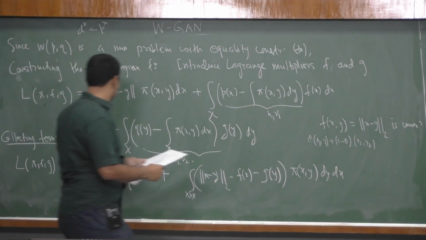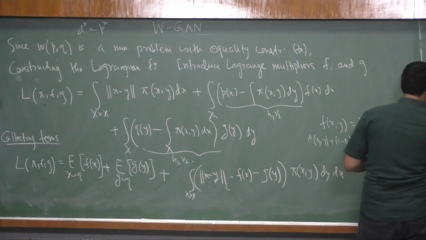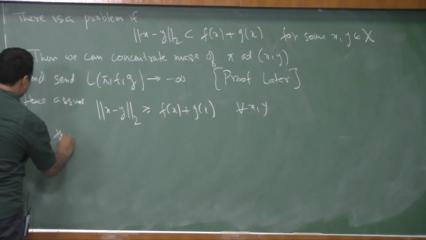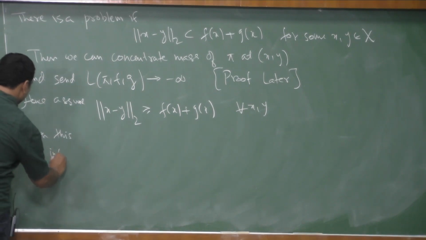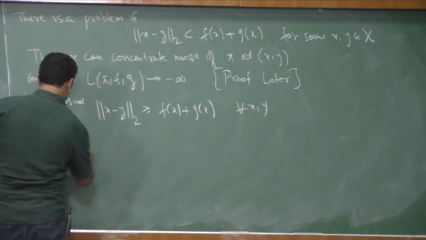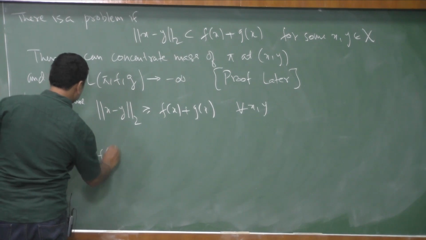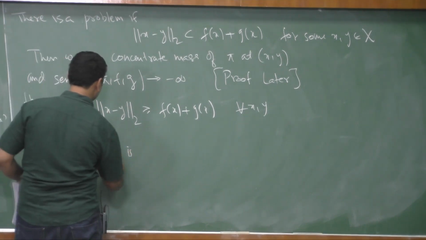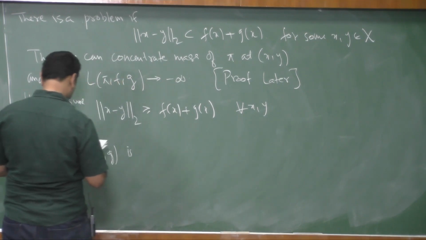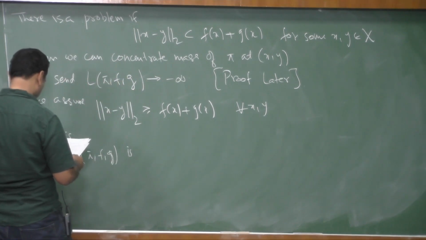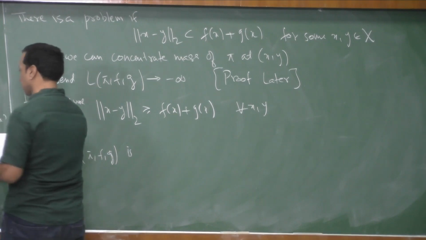So with this, the minimum or the infimum of L(pi, f, g) is achieved, is exactly just the expectation value basically.